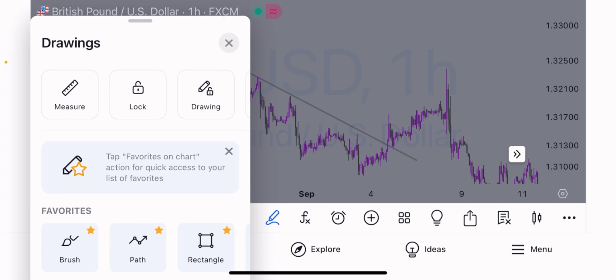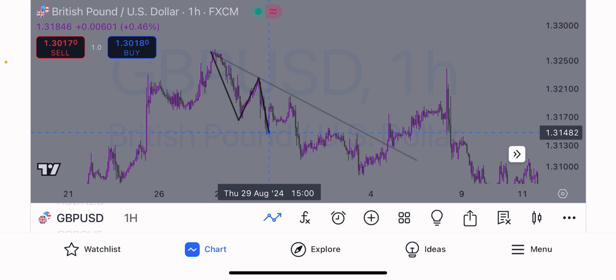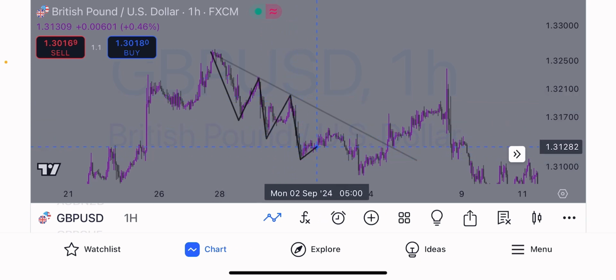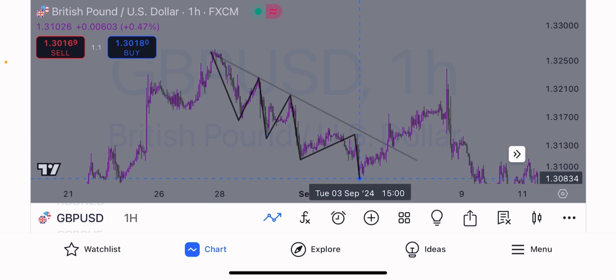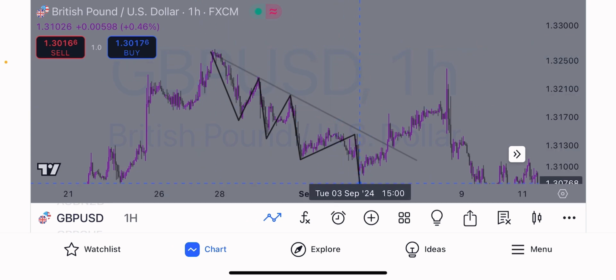So first, lower high, lower low, lower high, like I said earlier, a lower low, lower high, a lower low, and then a lower high and a lower low. If you notice, these lower highs are protected levels, they don't get taken out. But now what's happened?